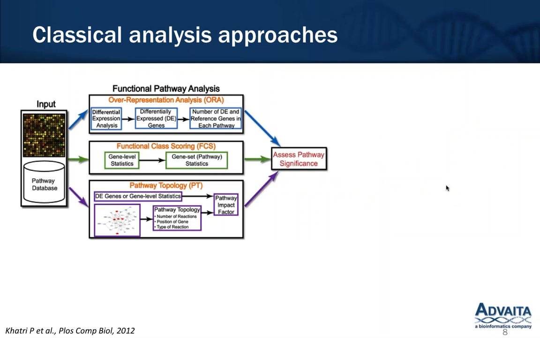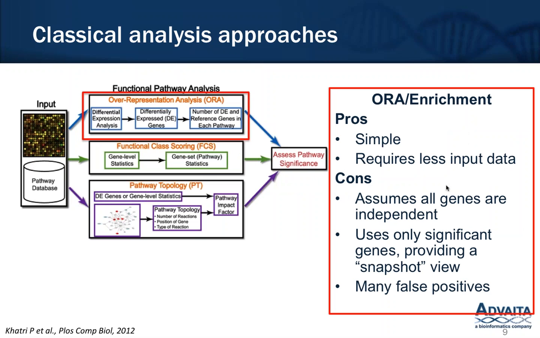So let's talk about some of the classical approaches to pathway analysis. The most traditional method, and it's used by the other commercial packages that are out there, is overrepresentation or an enrichment type of analysis. It's a really simple type of analysis because you don't need a lot of data in order to run it.